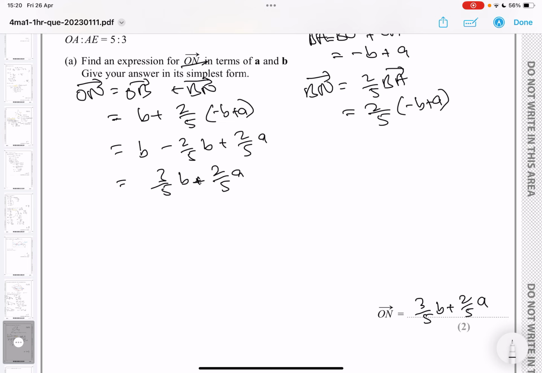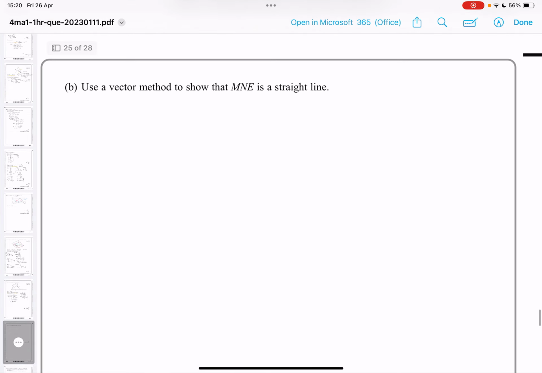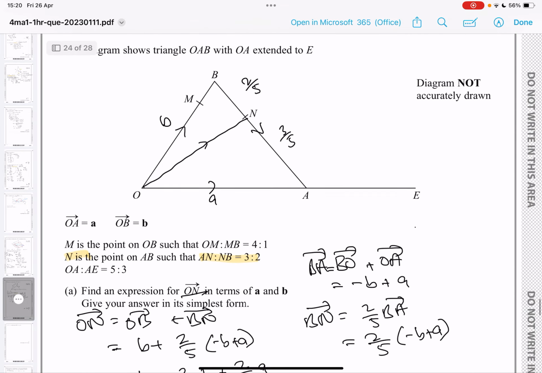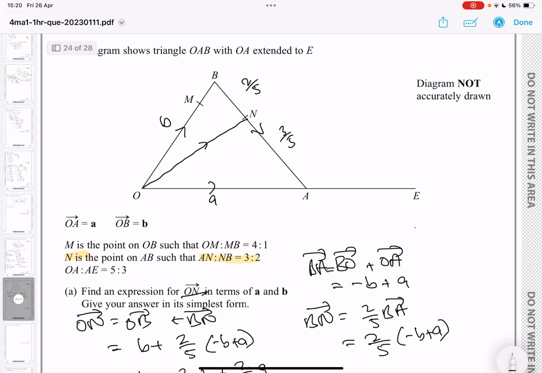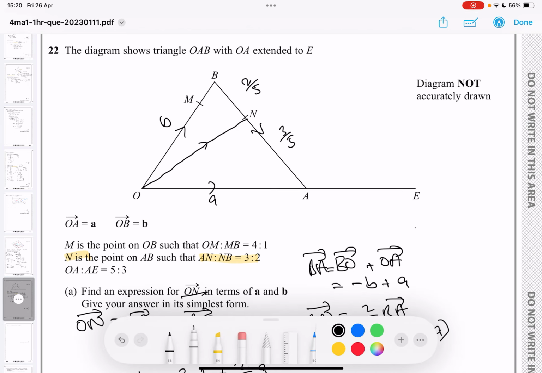Okay, next question. Using a vector method to show M, N and E is a straight line. Okay, let me draw M and E. Okay, we need to prove that that's a straight line.